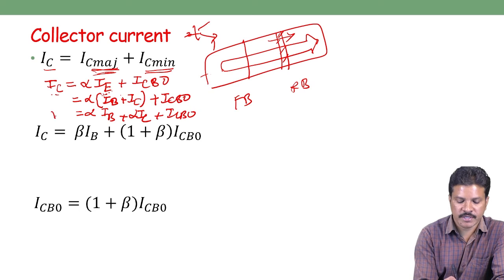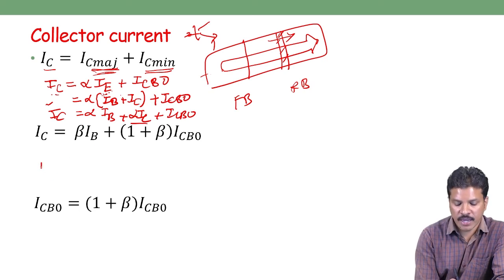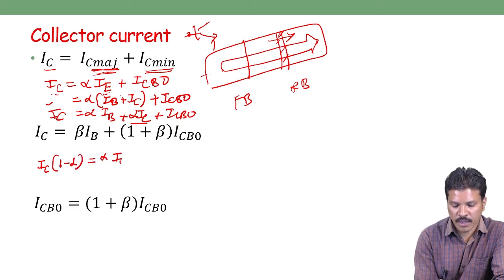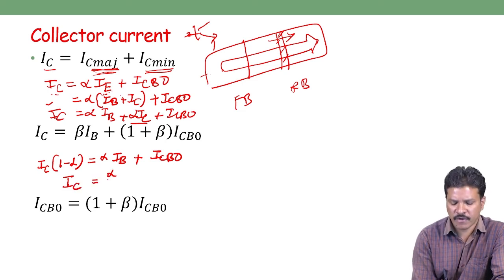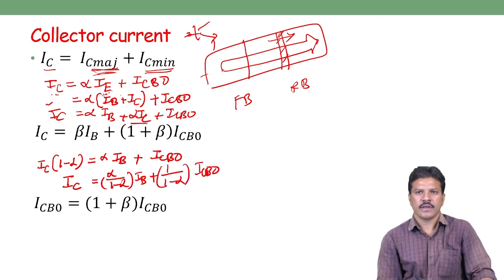Then take the IC terms on the left side. Here also IC term, here also IC terms. So take the IC terms on the left side and take the common IC: IC times (1 minus alpha) is equal to alpha IB plus ICBO. Then pass this 1 minus alpha to the right side: IC is equal to alpha by 1 minus alpha into IB plus 1 by 1 minus alpha into ICBO.